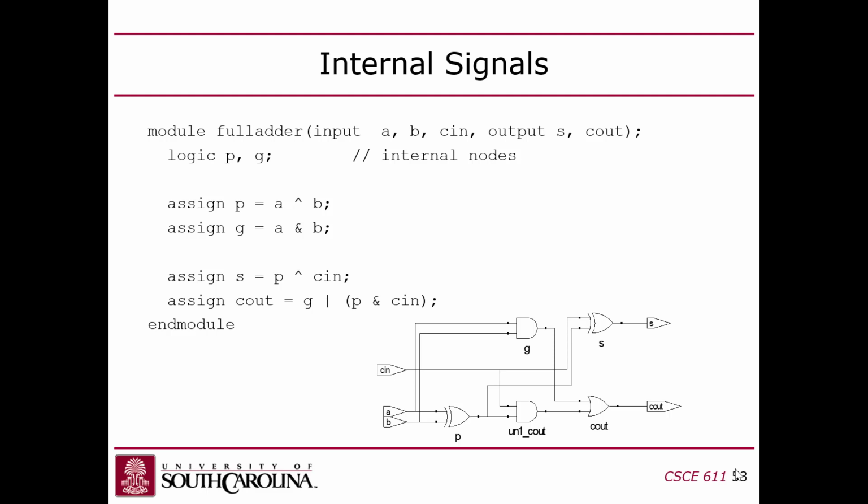Yes? I heard that Verilog isn't sequential, like everything happens at once. Mm-hmm. How can you assign to something that's happening to G right there? So you've got this line that sets G, and this line uses G, so it's on the left-hand side here, and on the right-hand side here.